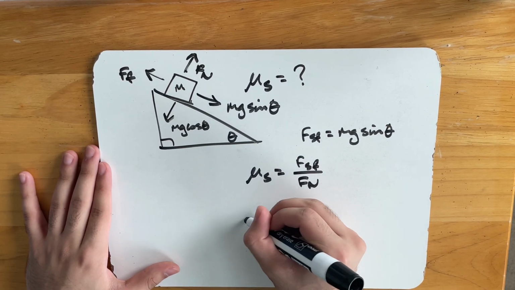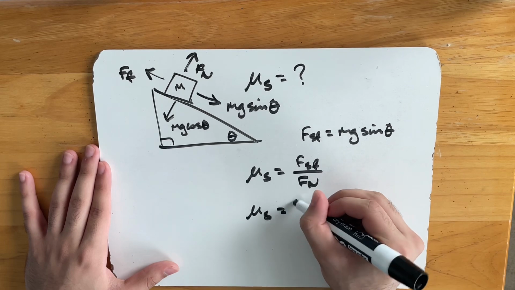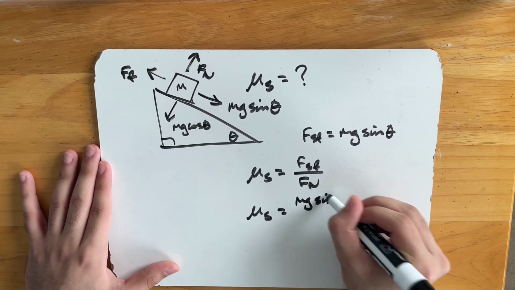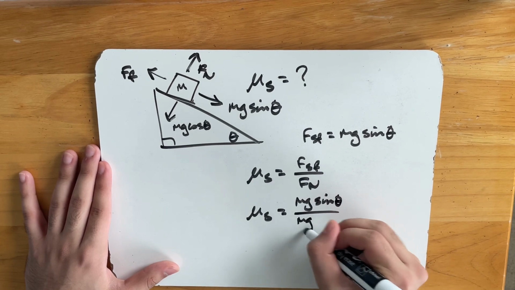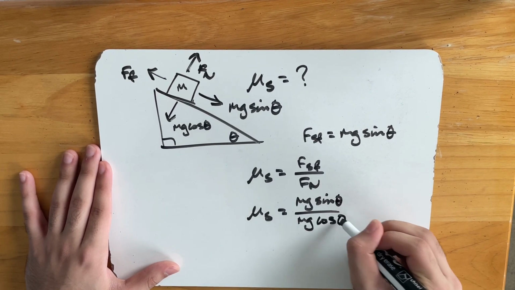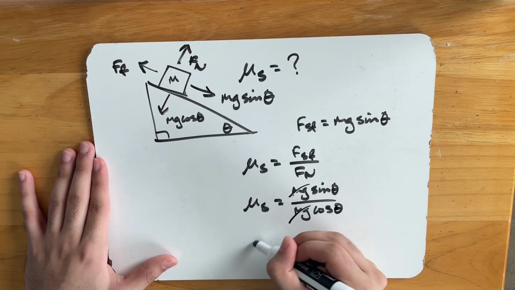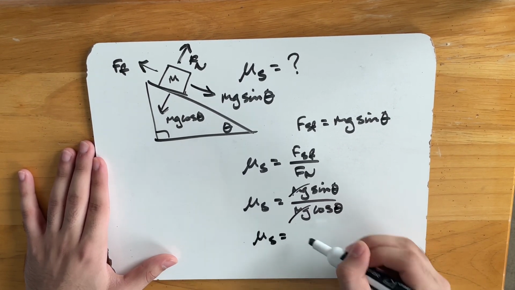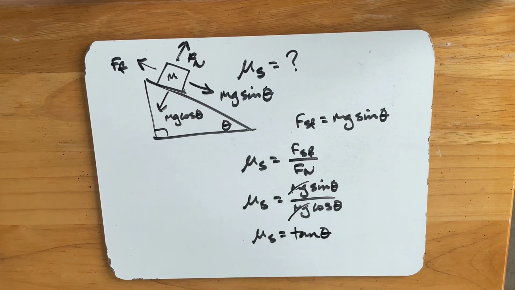So mu static is going to be equal to the force of static friction, mg sine theta, divided by the normal force, which is mg cosine theta. These will cancel out, and we get that mu static is equal to just tan of theta.